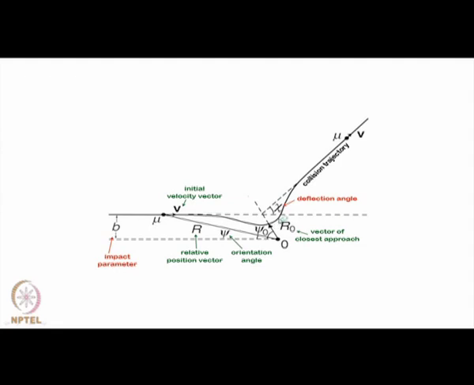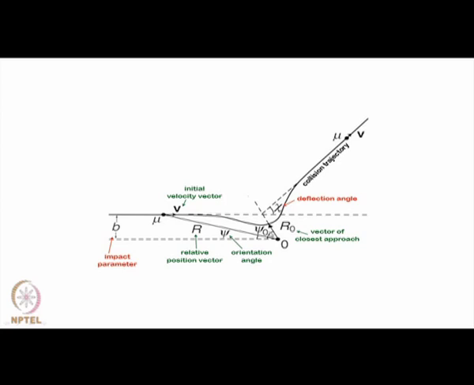Just look at the mouse. This is the collision trajectory, the initial velocity vector, and there is a dip over here. This is the relative position vector with respect to the origin, and this r0 is the vector for the closest approach.